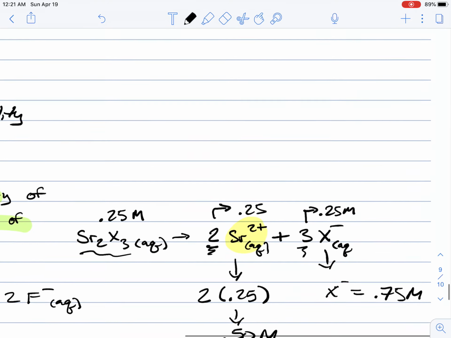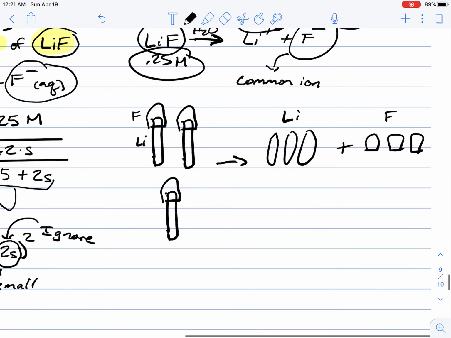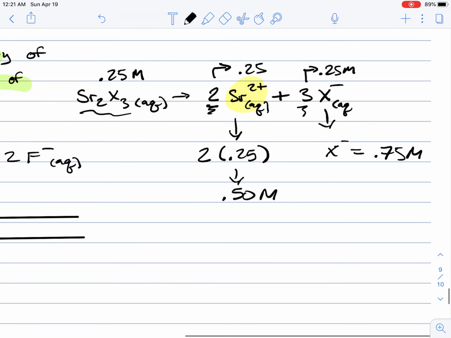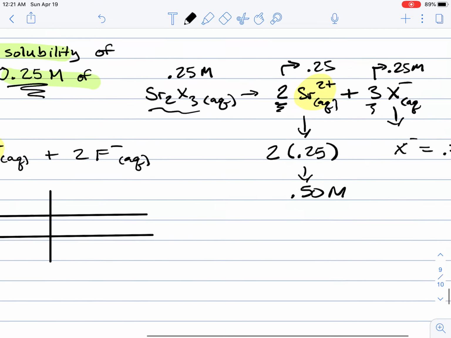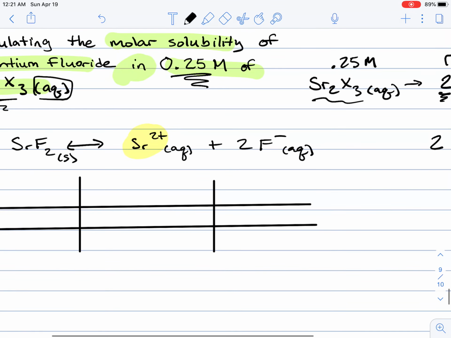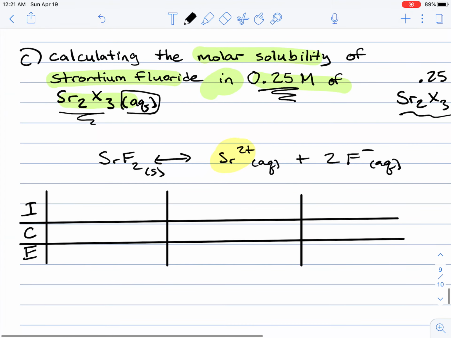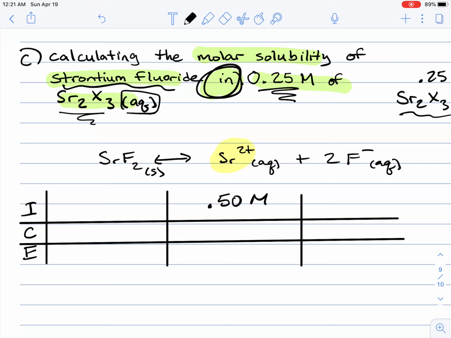Once again, it's that idea of the cap, right? However, this time, since there are coefficients, we need to multiply that concentration. Since the common ion is strontium, and if you read the question, this strontium fluoride is already in this solution, there is an initial concentration of strontium, and that's 0.50 molar.